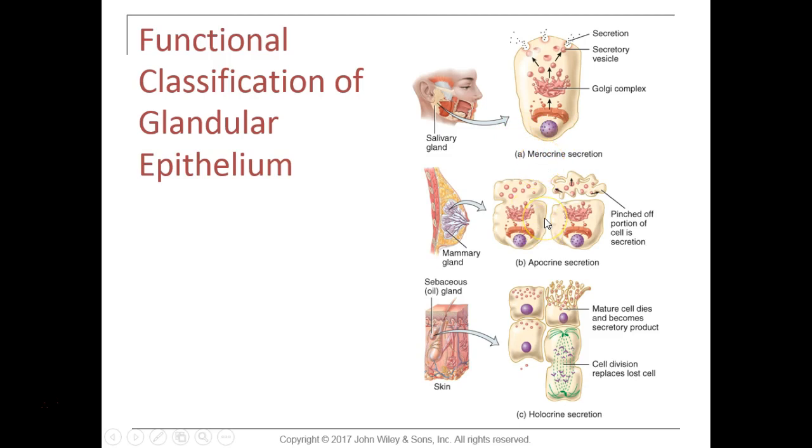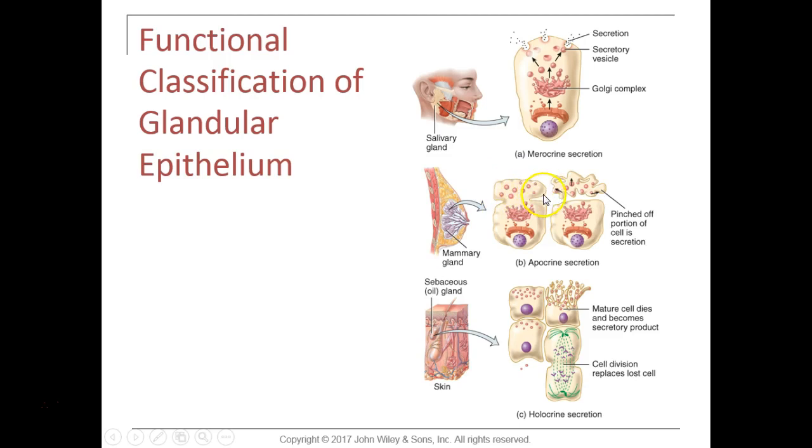The second type of secretory process is called apocrine secretion. Apocrine secretion, like the mammary glands, produce products. They package their product in a vesicle, but instead of having the vesicle exocytose out the product, they just accumulate at the apical surface of the cell until the apical surface is filled with all of these secretory vesicles with their product.